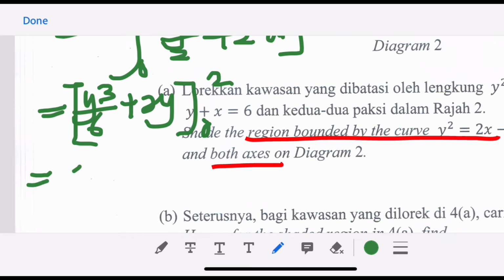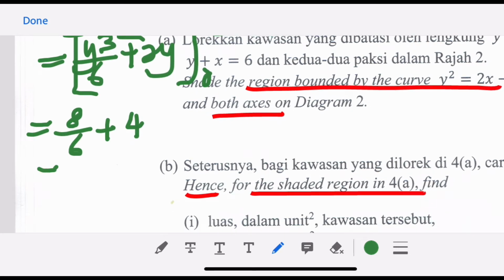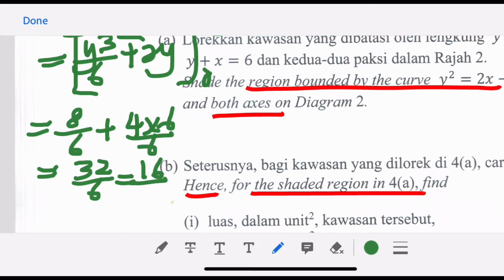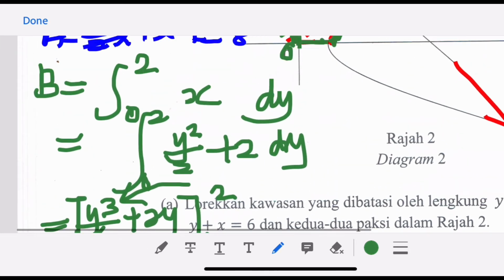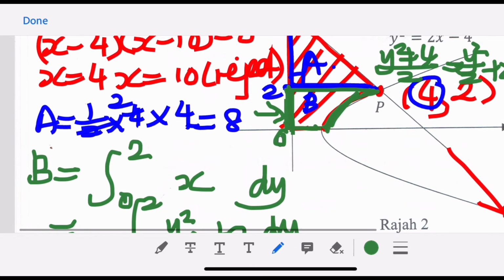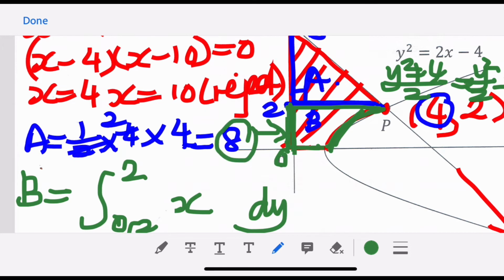So the answer is 8 over 6 plus, if we substitute, 2 times 2 will be 4. So the area is 8 over 6 plus 4, which is 24 plus 8, 32 over 6, or we will get 16 over 3, right? Then we need to add the area of the triangle, which is 8.